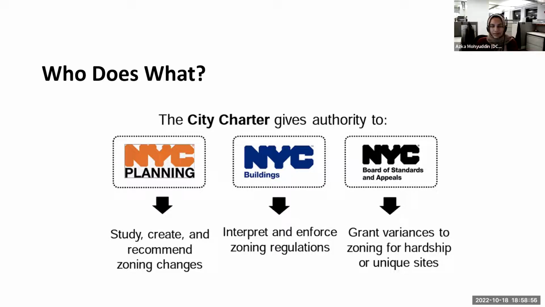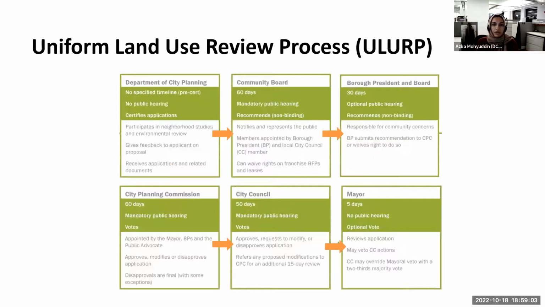And one of the big things that the board and City Planning are involved with is the ULURP process, which is the Uniform Land Use Review Procedure. This is for different applications, and it's a very long review process.